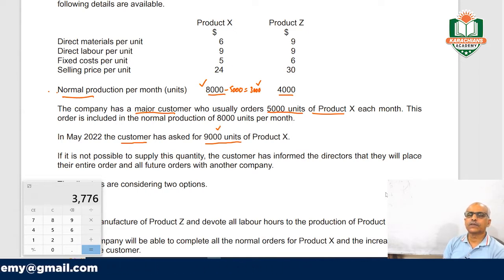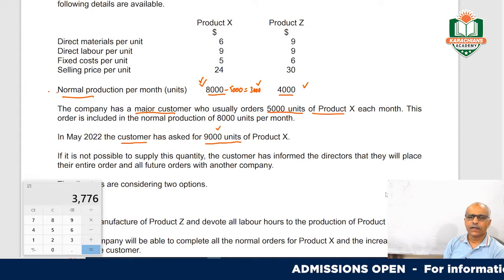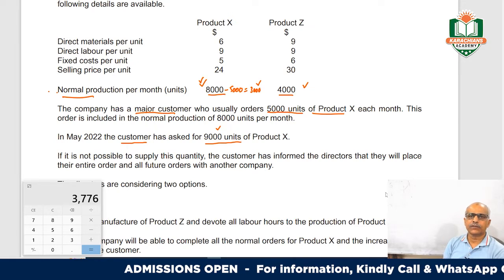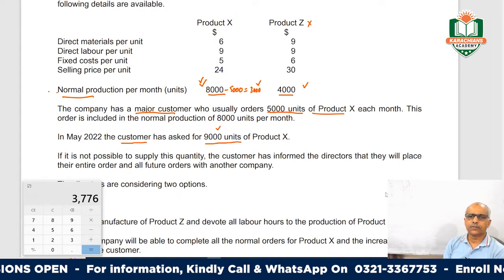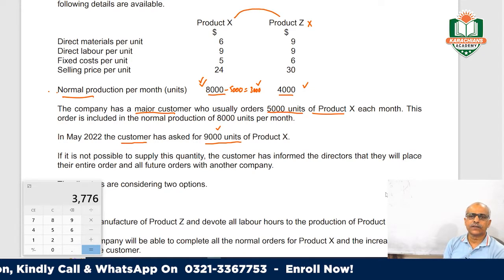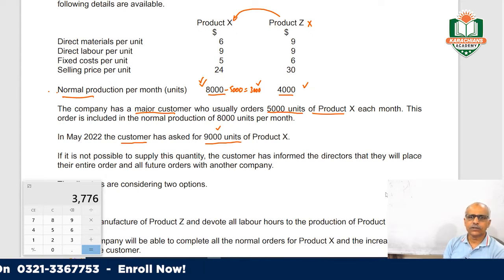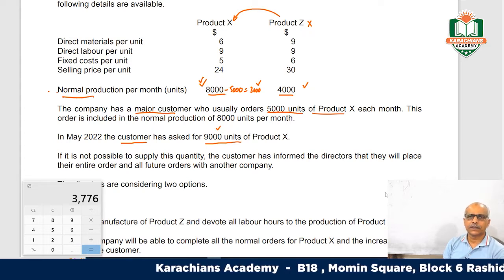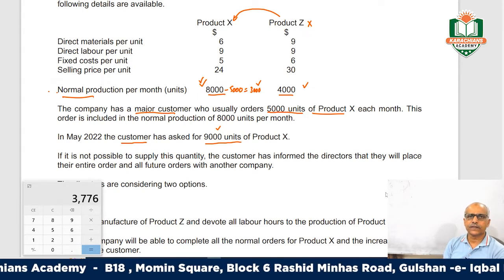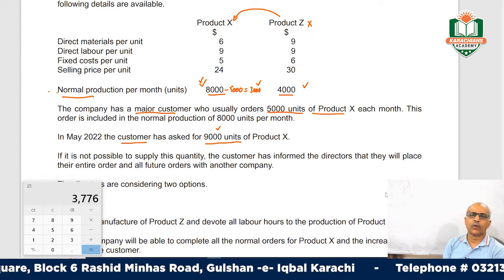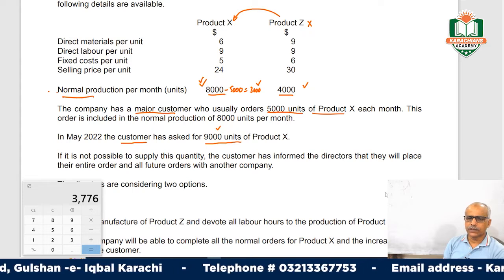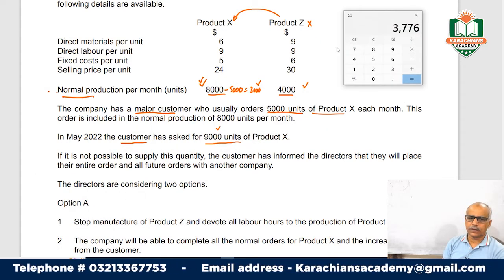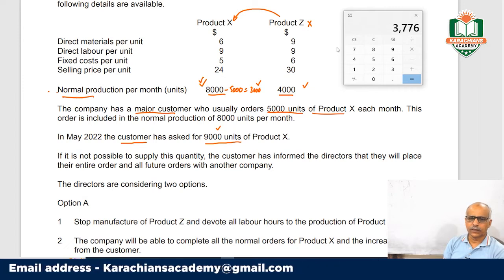So the company can only produce 8,000 units, because 4,000 units it has to produce for Z. It can only produce 9,000 units if they stop production of Z and move all its resources to X. But if they go with this, there will be a loss of product Z production and sales, and all its fixed cost will be borne by product X. So it is not possible to supply this quantity.